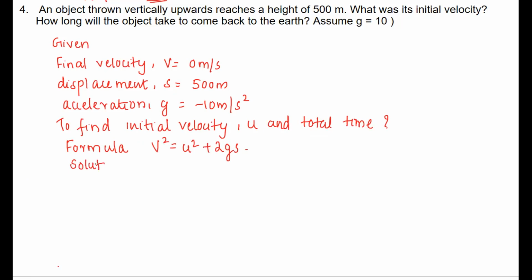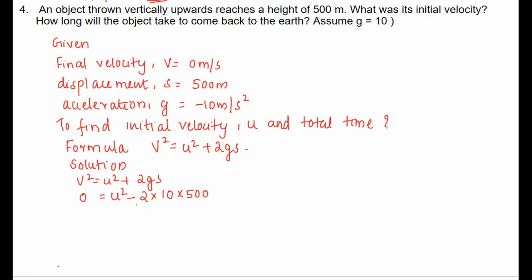Solution. V square is equal to U square plus 2GS. V is 0. 0 square is 0 only. Is equal to U square minus, this negative sign is of g. g is minus 10. So 2 into minus 10 into S is 500. 2 into 10 into 500 is 10,000.